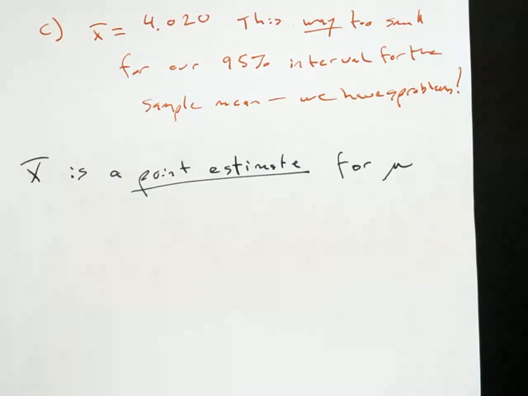But in order for me to figure out that interval, I needed to start from a known population average. That's a problem. Because unless I measure every single one of my bushings, unless I get every single one of the GMAT scores that came through, I don't have the population information. I only have my sample information. So what I can do is I can work the other way around.